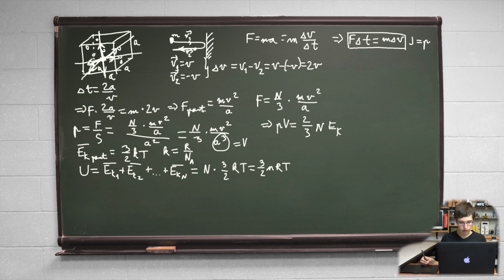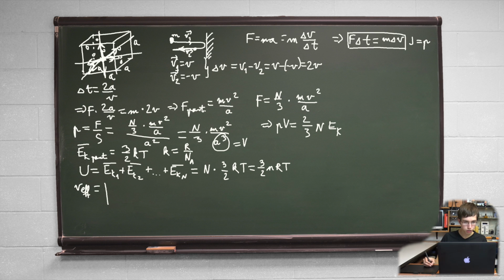Next, we can define the so-called effective or average square speed, v_ef, meaning effective or average square speed of a gas particle, with this formula.